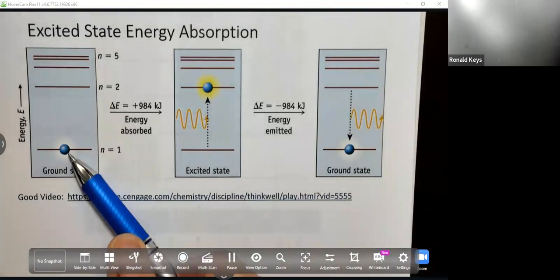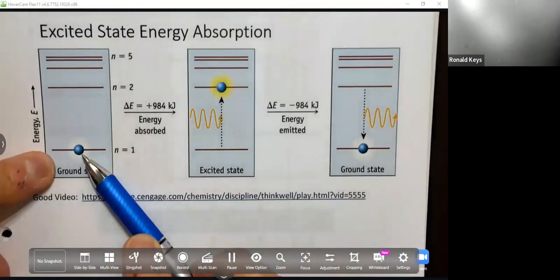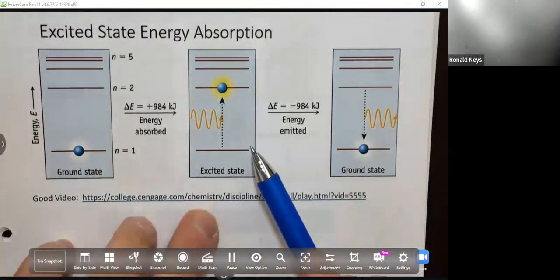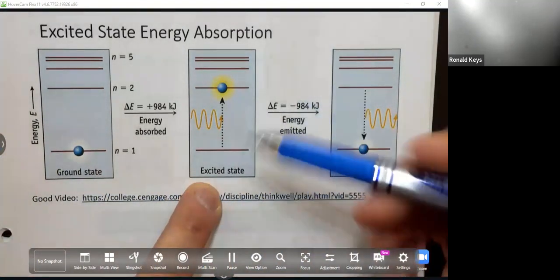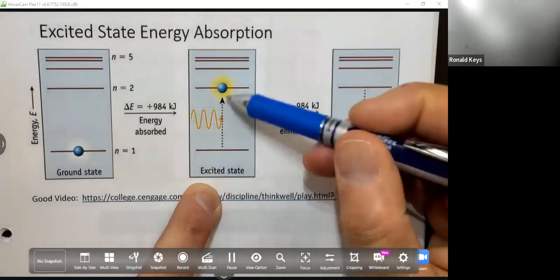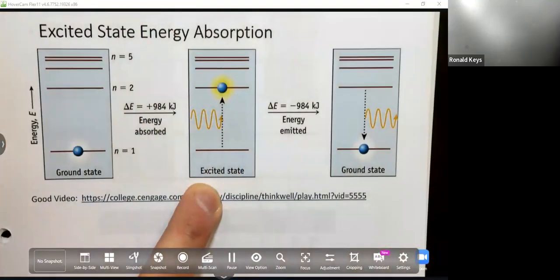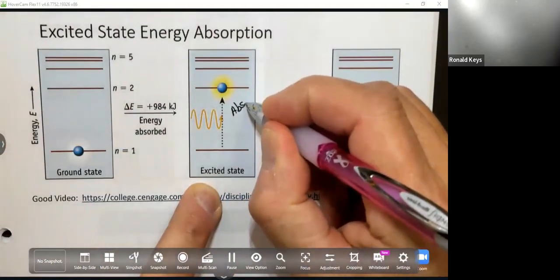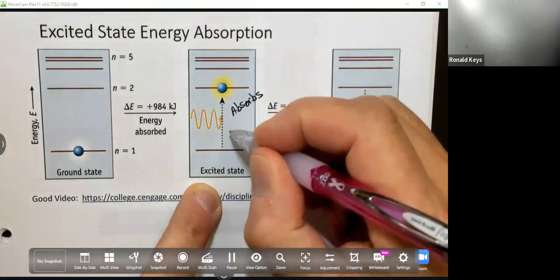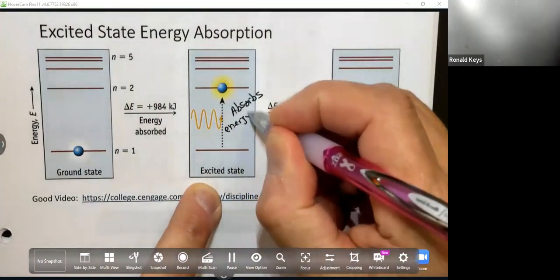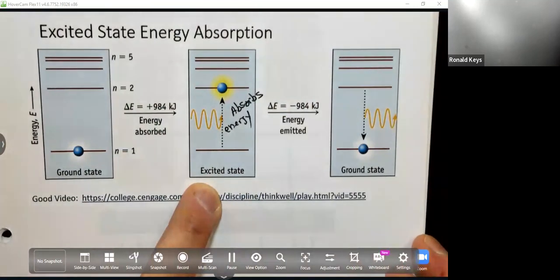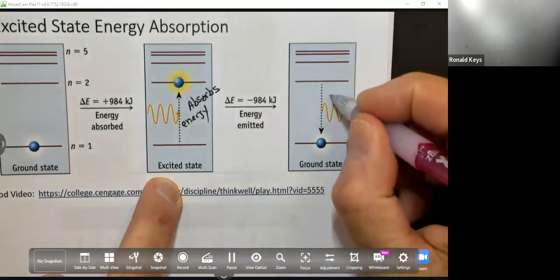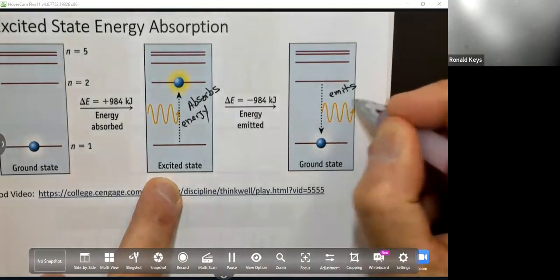This is the electron in the ground state. Energy level 1, it should be in the ground state then. If it absorbs energy, it's going from energy level 1 to energy level 2, right? This absorbs energy, right? If it drops back down, it emits energy.